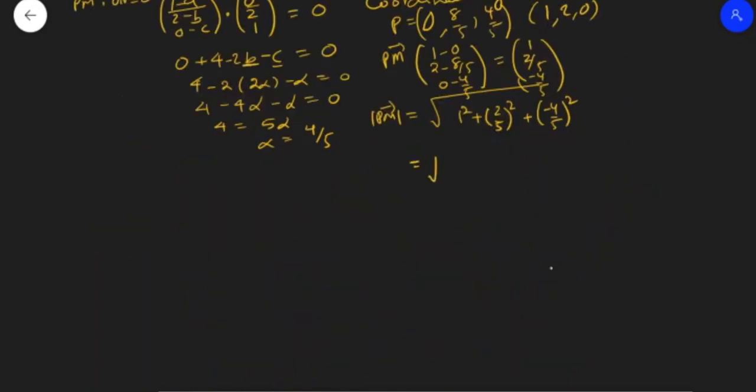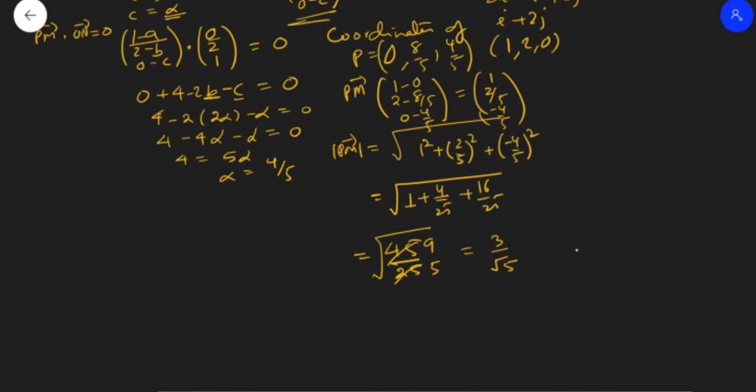So it will be 1 plus 4 over 25 plus 16 over 25. That comes out to be 25 plus 4, 29 plus 16, 45 over 25. Square root, cancel this 9, 5. Okay, so square root of 9 is 3 over square root 5.